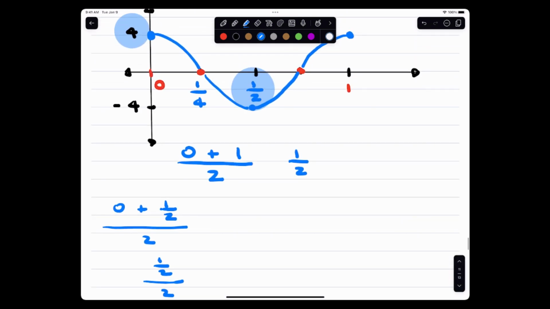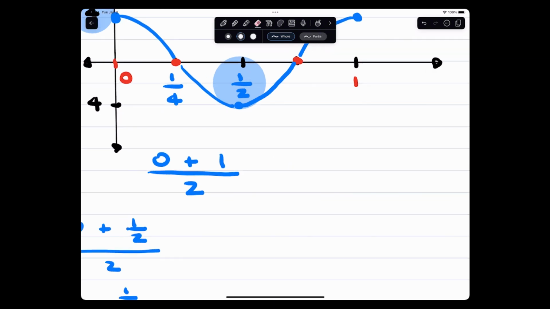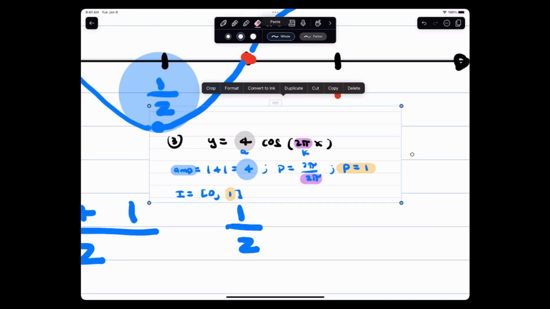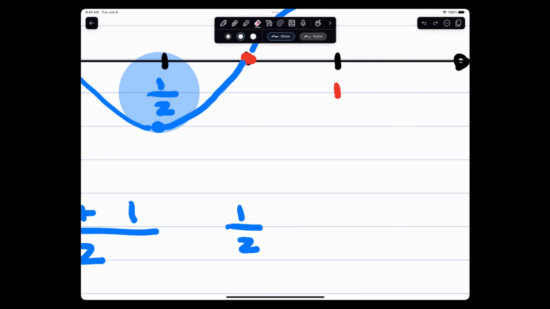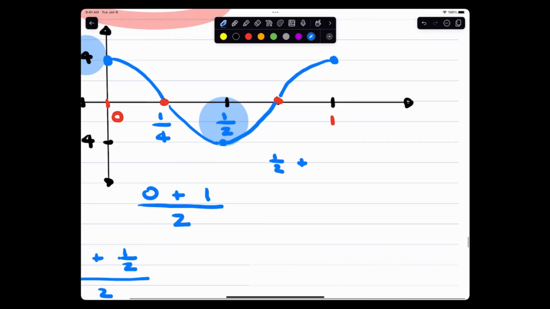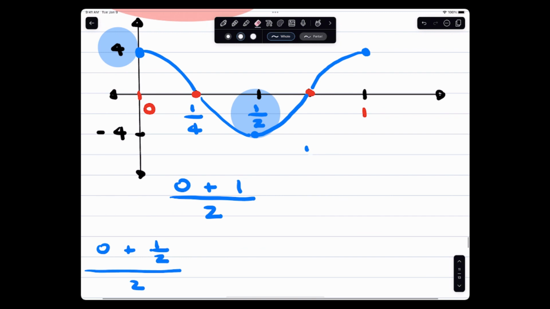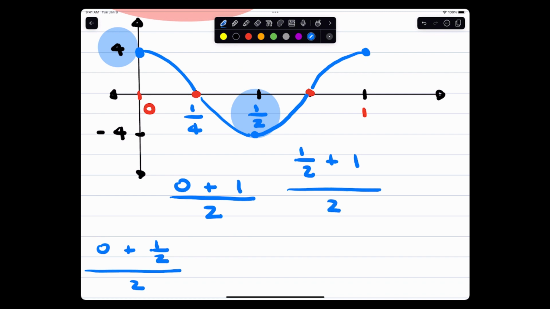What's midway between 1/2 and 1 now? If I said to you, 1/2 and 1, what's midway? How do you do that arithmetic? Okay, let's do that arithmetic right here. 1/2 and 1. So midway, we're going to say 1/2 plus 1 divided by 2.